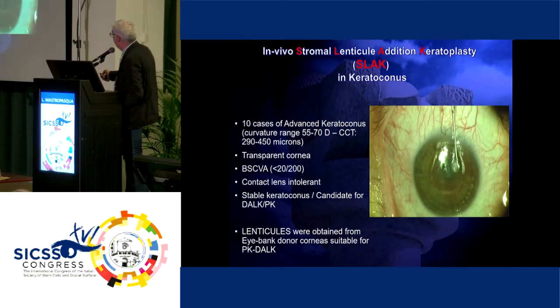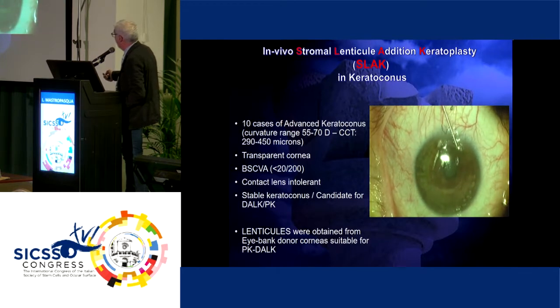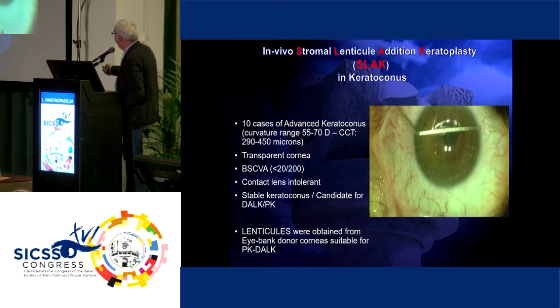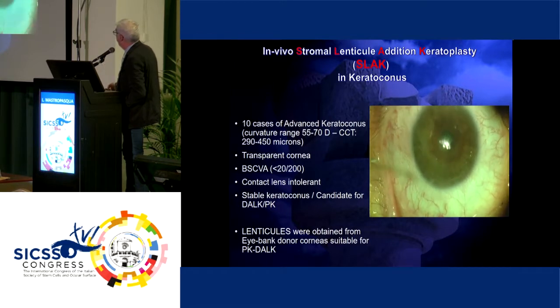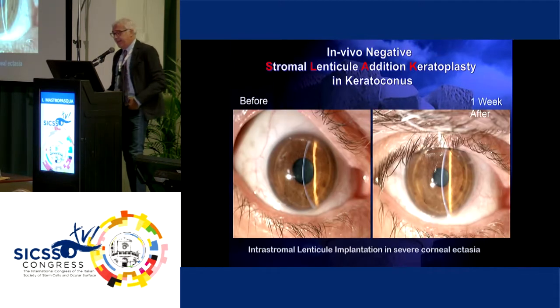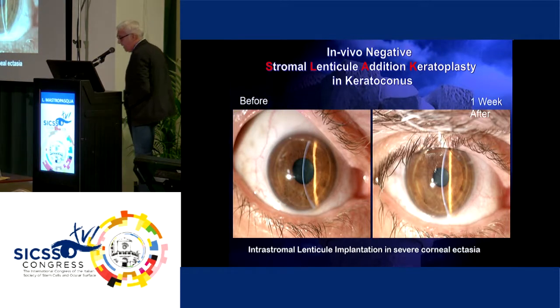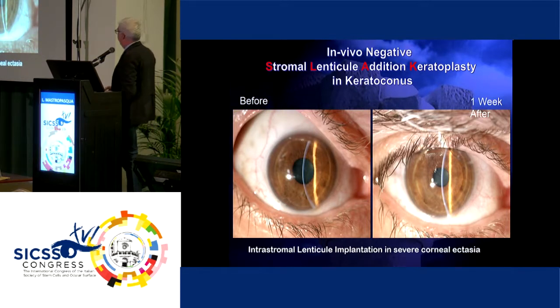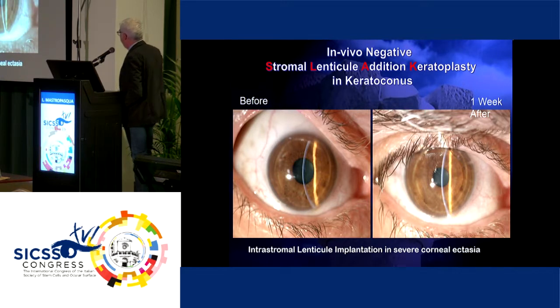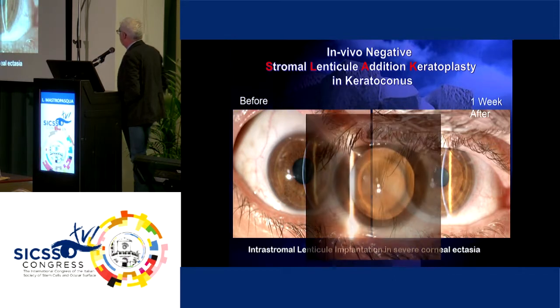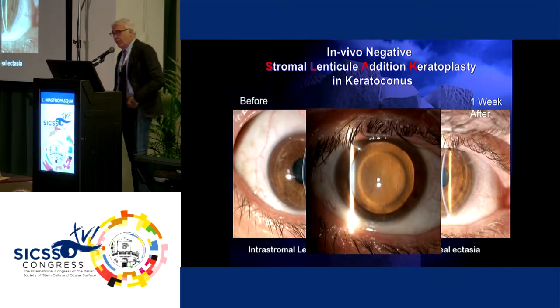You can see that we proceed in the same manner that we perform in the corneal bank eye, and we put this in the cornea, and these are the results. I show this because it's not published, it's under review. You can see before and after, after 1 week, that we insert this lenticule, and this is the lenticule that we see in a red reflex that is clear.